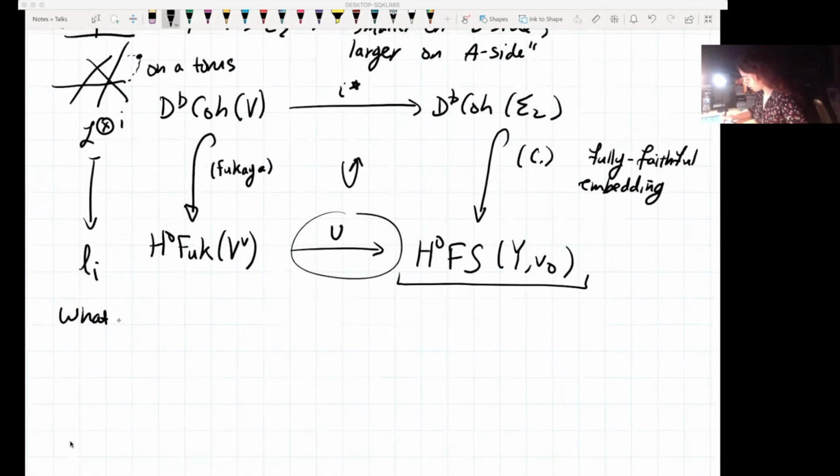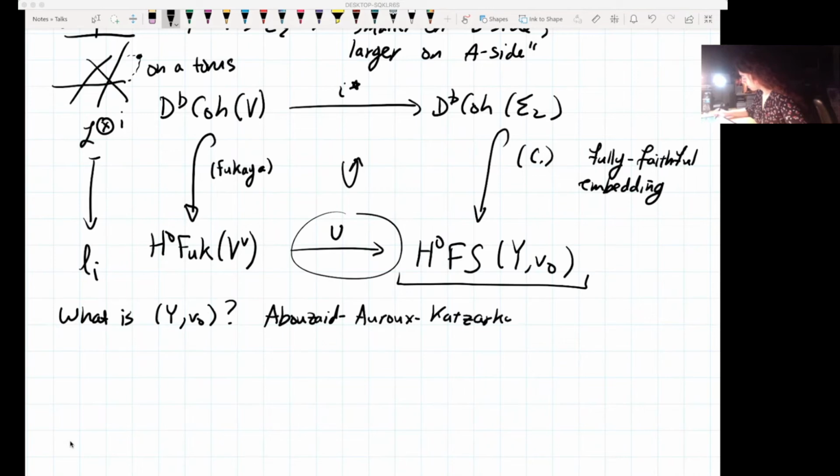So what is who found a way to hypersurfaces of toric varieties and varieties.